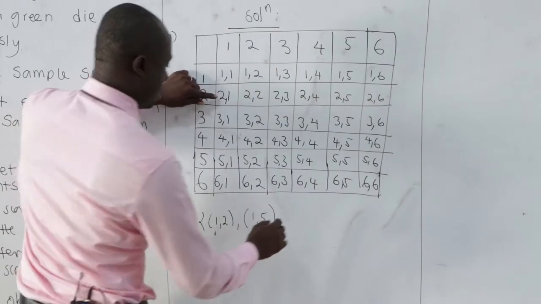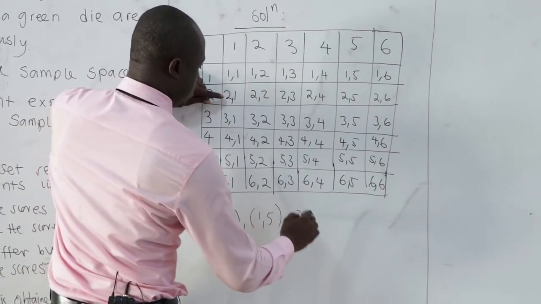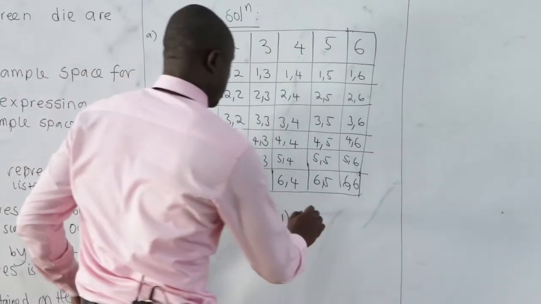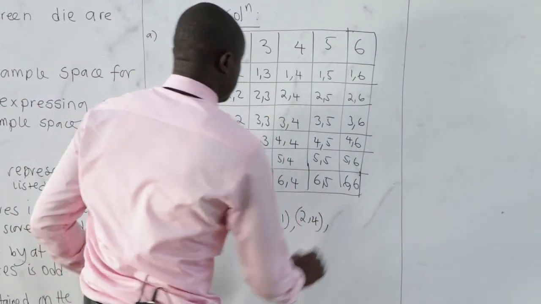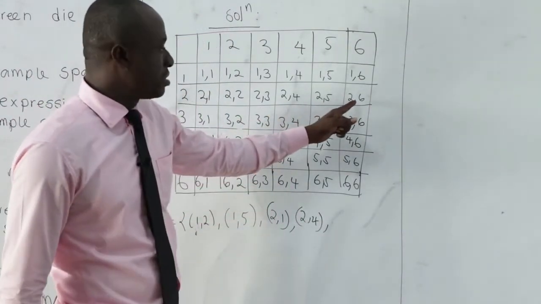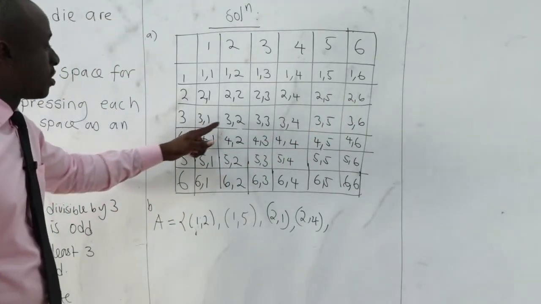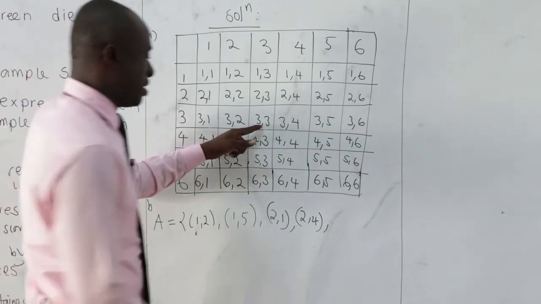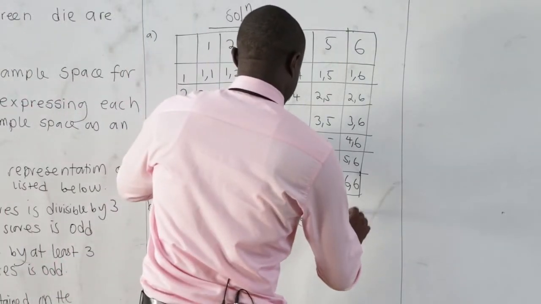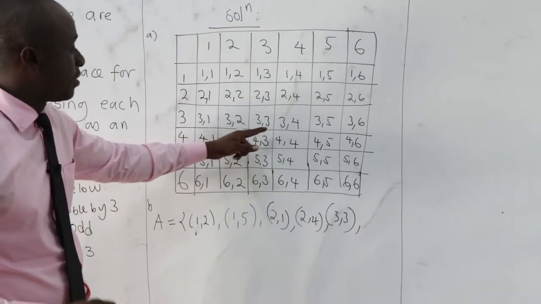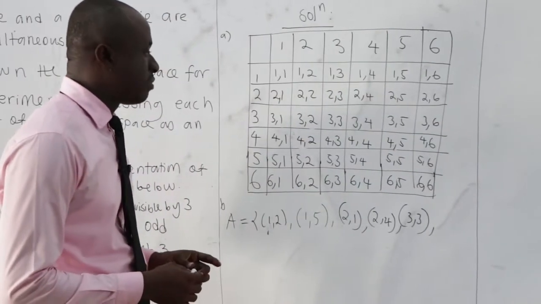Now 2,1 is part, divisible by 3. No, this one is not, but 2,4 is. 2,5: no. 2,6: 2 plus 6 is 8, not divisible. 3,1: no. 3,2: no. 3 plus 3 is 6, so 3,3 is divisible by 3. 3 plus 4 is 7, 3 plus 5 is 8.